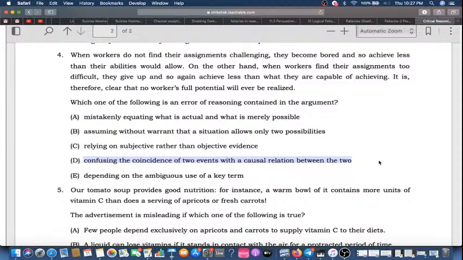Confusing the coincidence. It's a very good idea. It's called correlation versus causality. But how does it apply here? What are the events that are coinciding and what causal relationship did the paragraph assume?